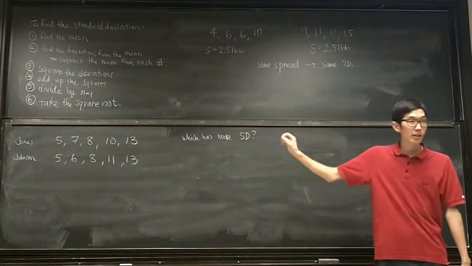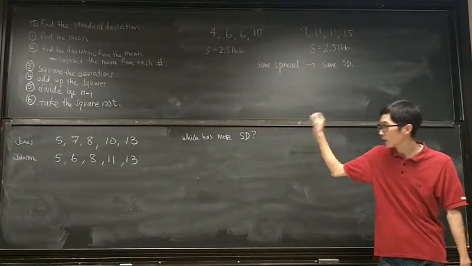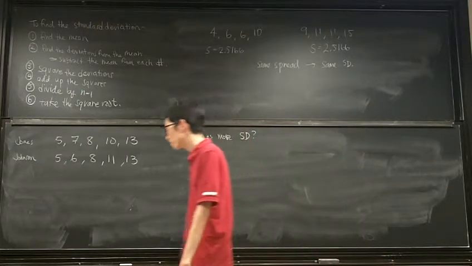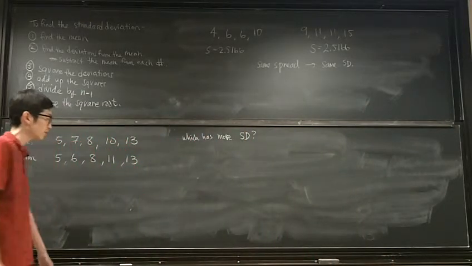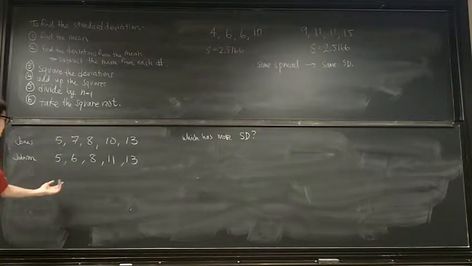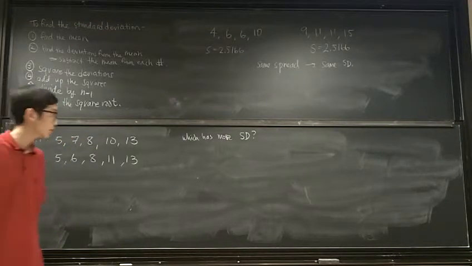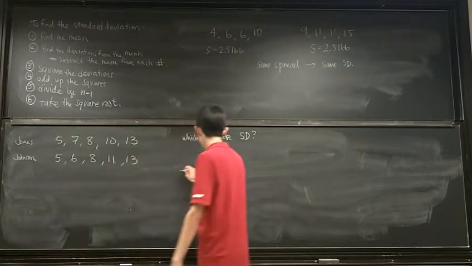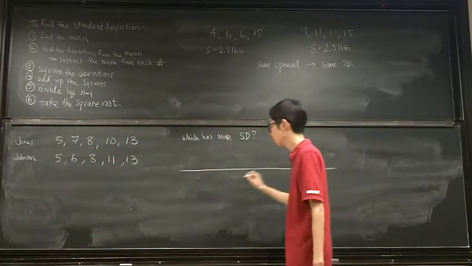Again, the standard deviation is how far from the mean. What is the typical distance from the mean? You can do this by hand, and you'll see that the Johnson does have more. But here, let me draw a dot plot.